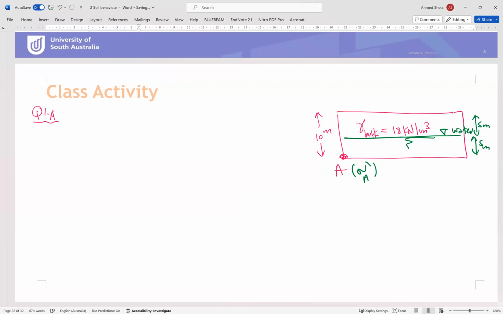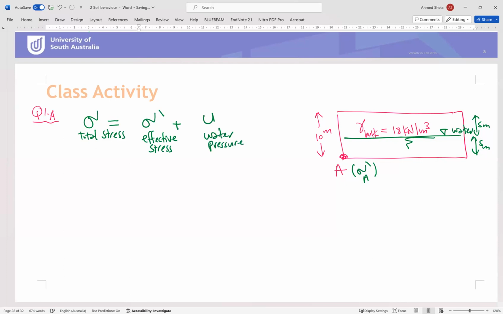Just to remind you, what was the formula for sigma and sigma dash? Sigma, the total stress, is equal to sigma dash, the effective stress, plus the water pressure. So sigma equals sigma dash plus U, the water pressure.